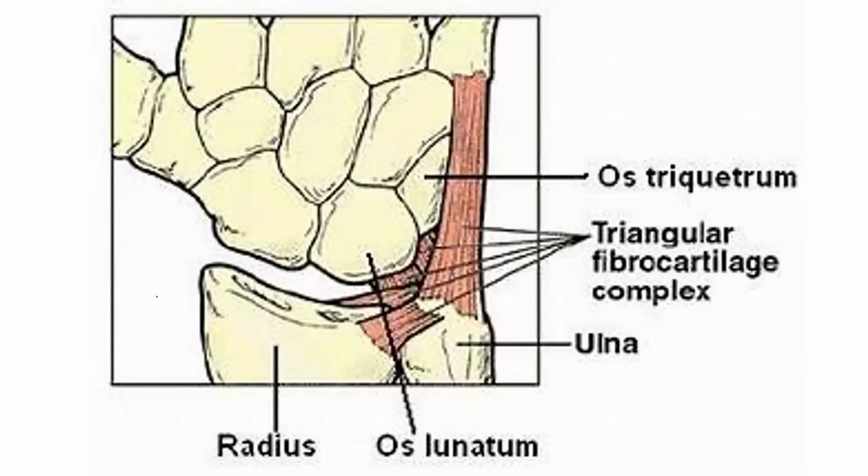Note the structures that I'm demonstrating. The distal end of the radius, distal end of the ulna, the ligaments between the distal radius and ulna, the triangular fibrocartilage, which extends from the base of the ulnar styloid process to the foveal margin of the radius.